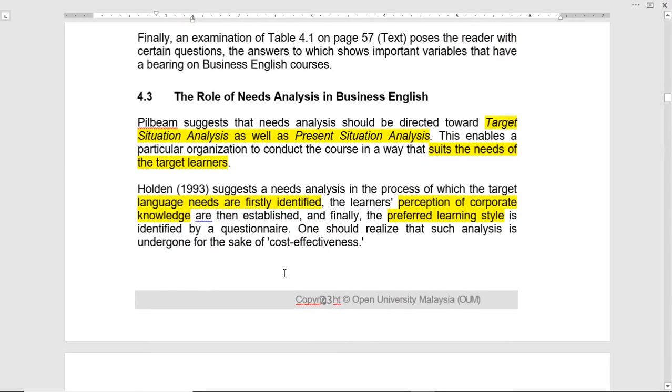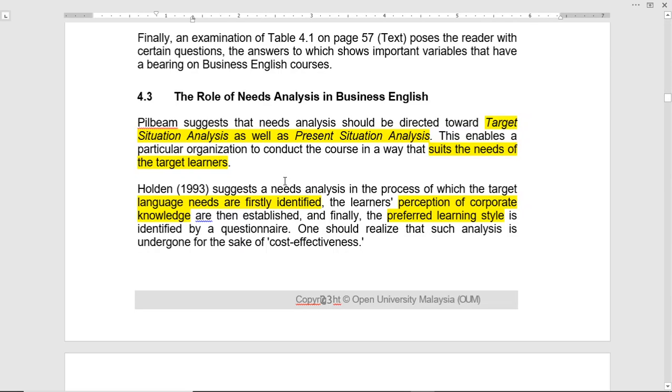The role of needs analysis in business English is another theme that we need to discuss. Pilbeam, the theorist, suggests the needs analysis should be directed towards target situation analysis as well as present situation analysis. Two technical terms.